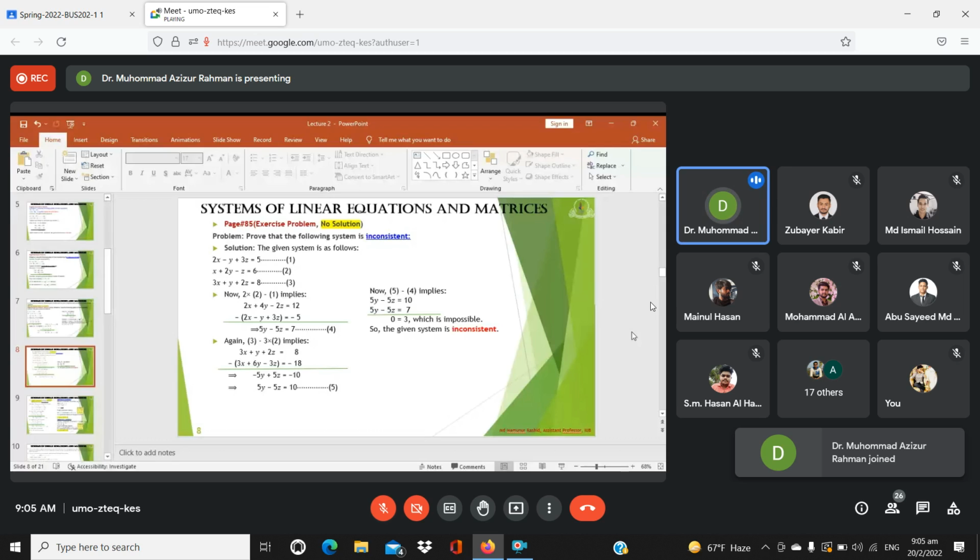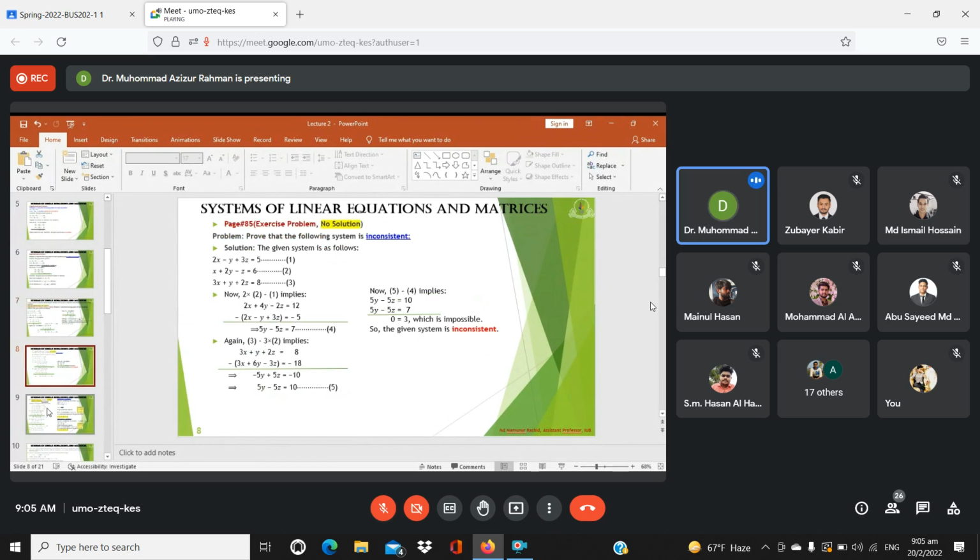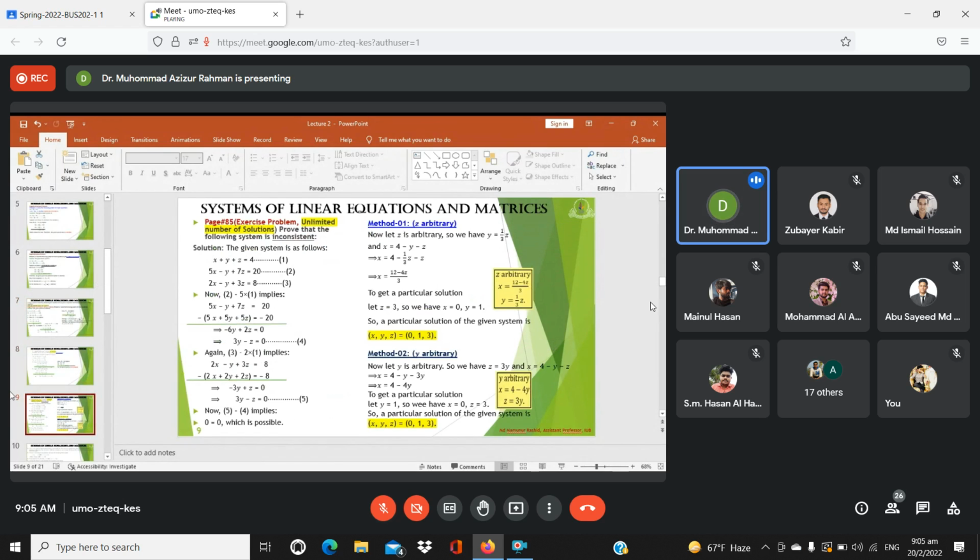We found that the system is inconsistent, and in the previous problem we found that there can be a solution, and there may be another condition, the last condition. That means we have multiple solutions. So let's do one problem with the third condition.